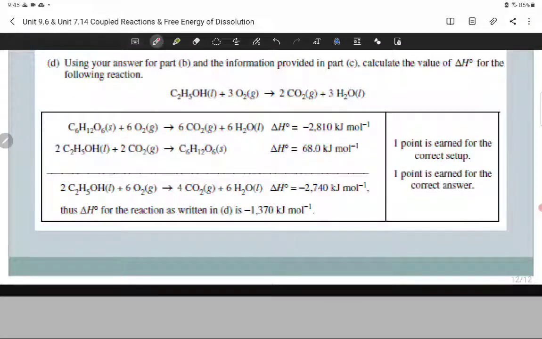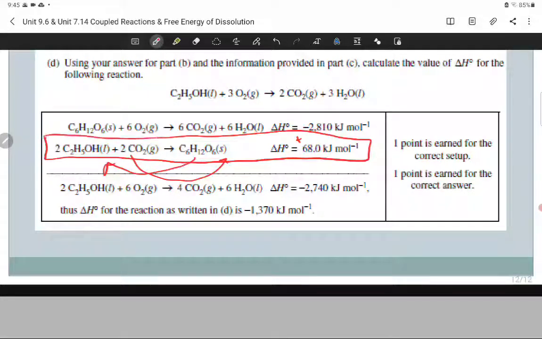This reaction was given to you in that way, so it was a negative 68 kilojoules and we flipped it. Sorry about that. So we did have a modification on that reaction. Okay, still the same right answer.